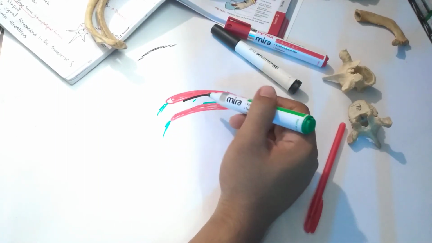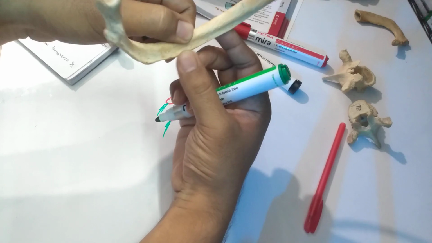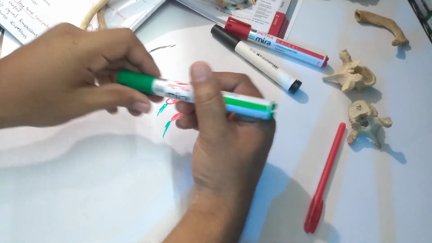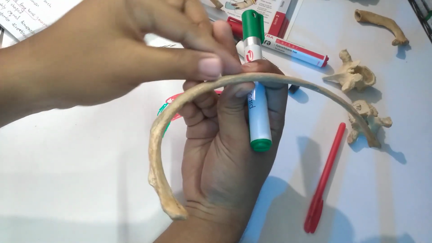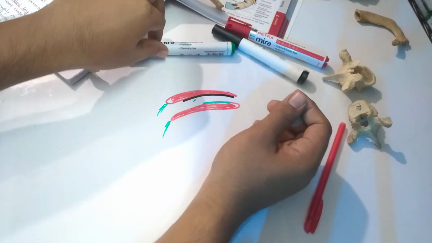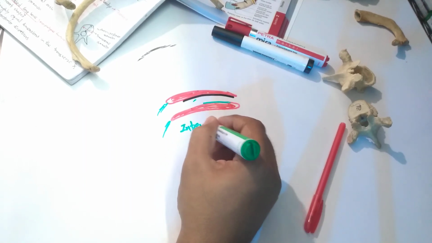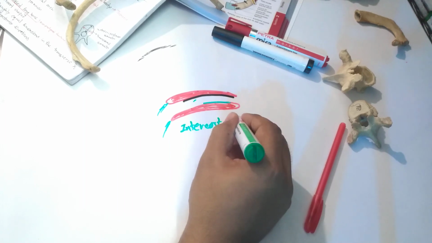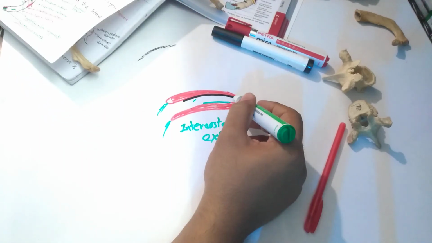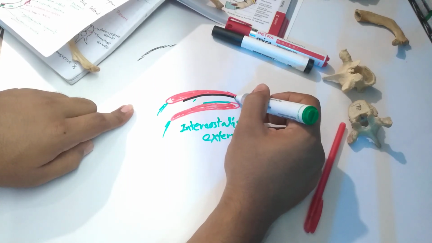This black marked area is the outer lip of the costal groove, and the green marked area is the outer lip of the upper border, and there will be the attachment of the intercostalis externus muscle.